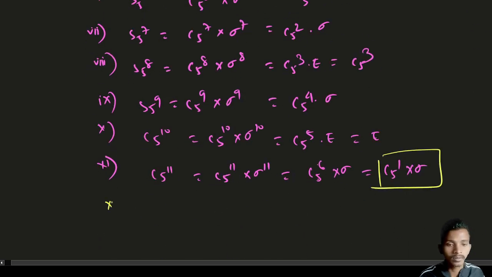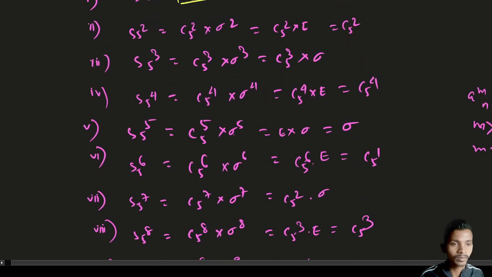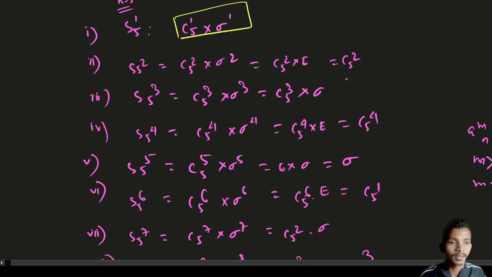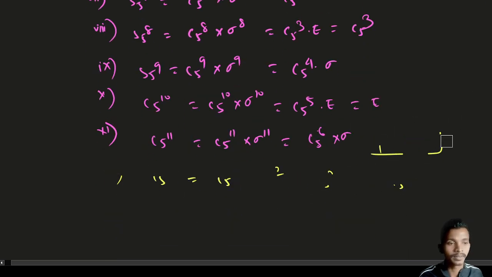Let me try other whether this is also repeated or not. S5^12, this is going to be C5^7 into σ^12, this is E, and this is C5^2. So C5^2 is there. Yes, C5^2 is there. So this value is repeating, so we will not proceed because these are repeated.